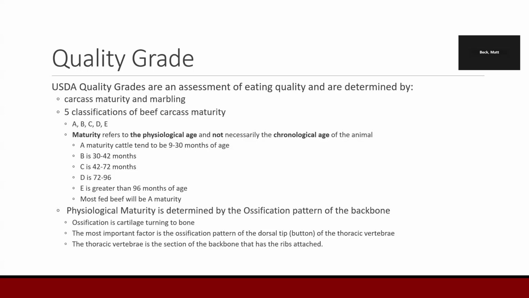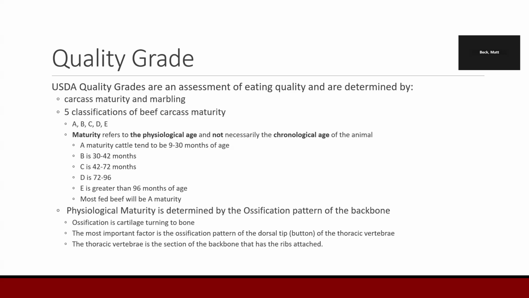Now, whenever they're making this judgment if the carcass is A, B, C, D, or E, do you think they know the chronological age of that animal? Probably not. Do we think they're looking at their teeth and trying to guess how old that animal is? No. So most of this judgment is based off ossification of cartilage. Ossification is cartilage going to bone.